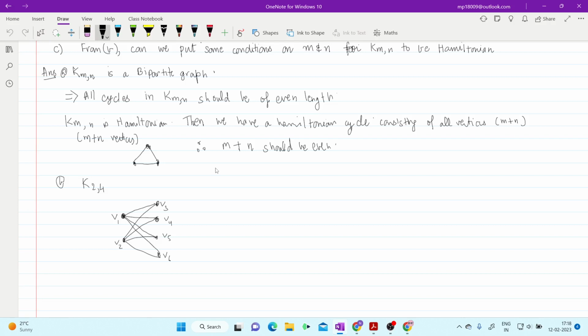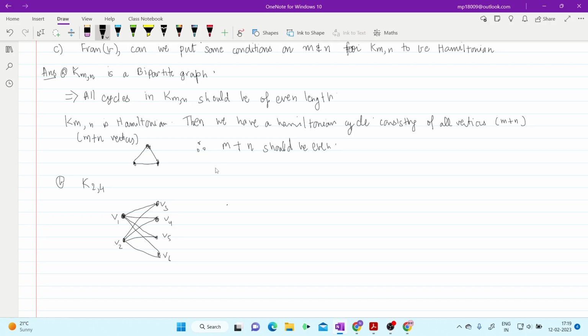So what do you think? Will this graph be Hamiltonian or not? I'm not able to find any Hamiltonian cycle here. So there's a possibility that this is not Hamiltonian. Yes, this won't be Hamiltonian.